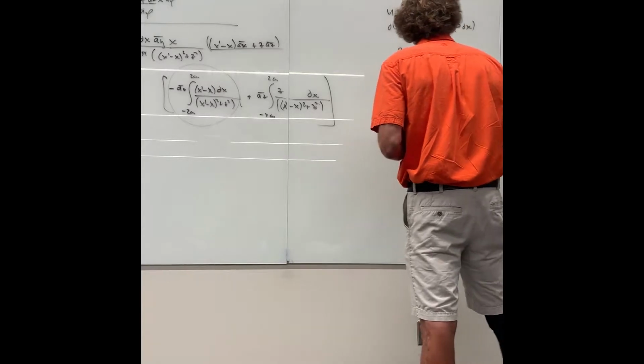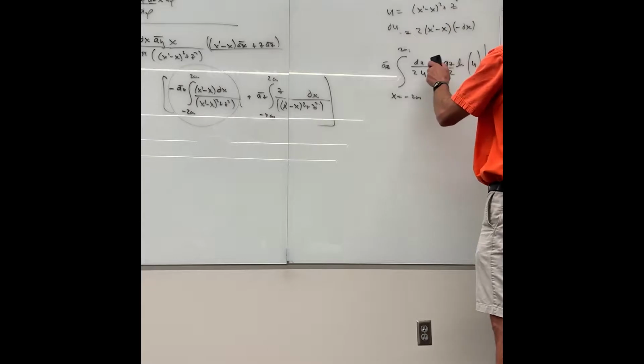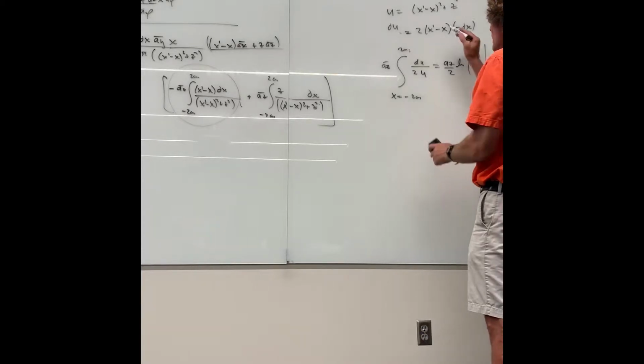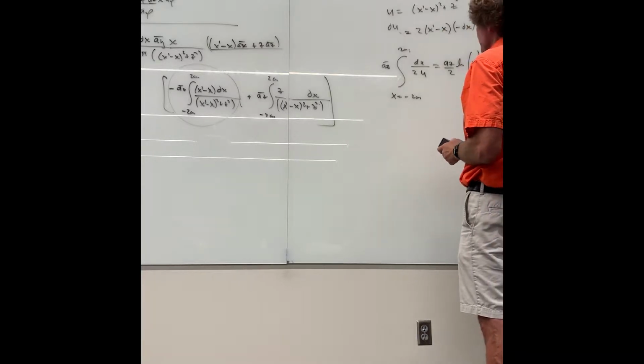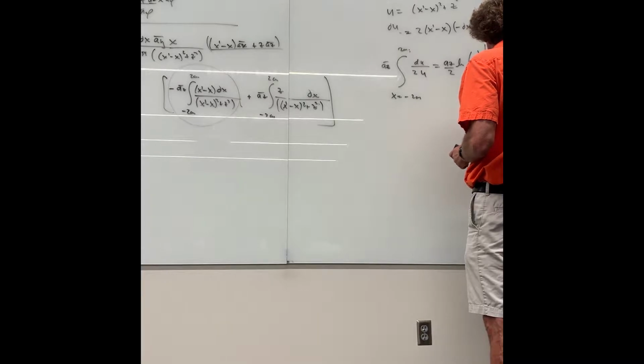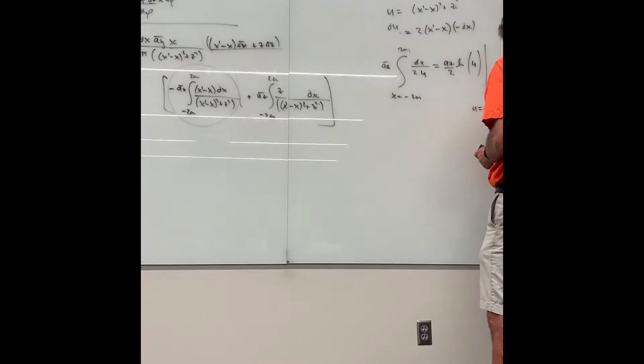And here, the limits on this. Well, if u is equal to this, follow me, when x is equal to minus 2 centimeters, then u is x prime plus 2 centimeters, 2 times 10 to the minus 2, squared plus z squared.